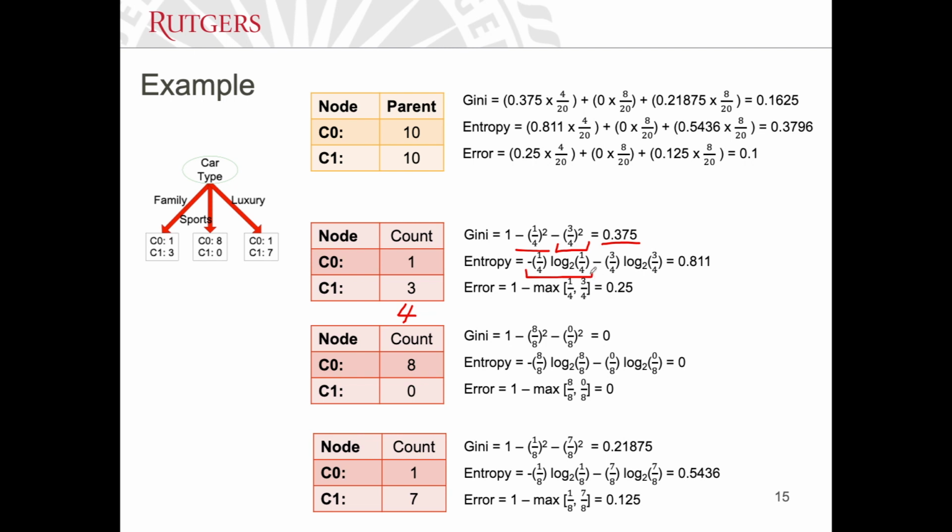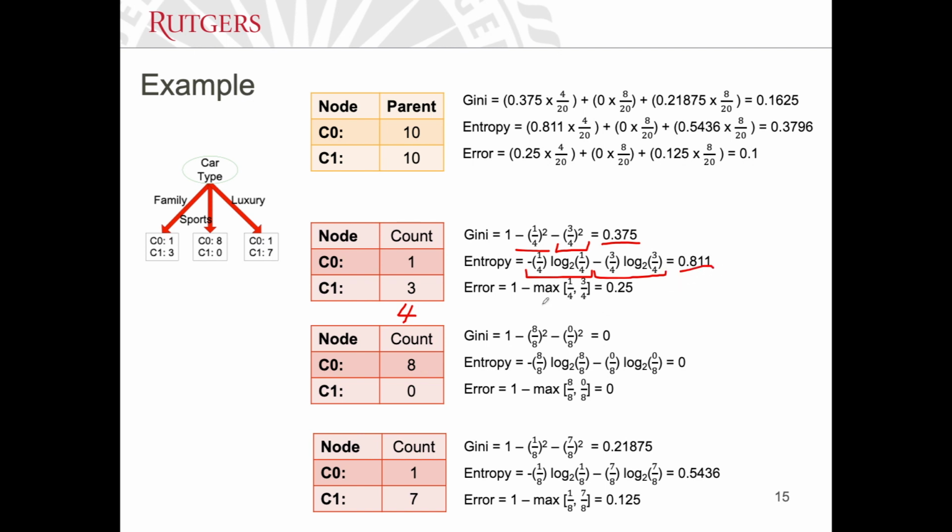So this is for class 0. And the second portion here is for class 1. Same logic, we have 3 instances for class 1 divided by the total instances here. So the final value for entropy is 0.811.